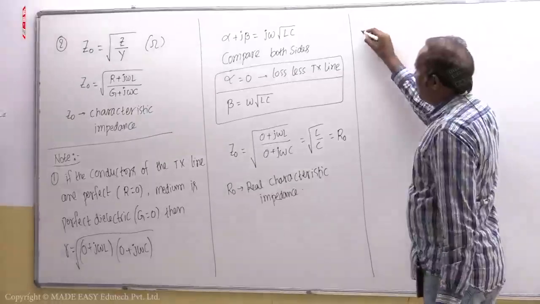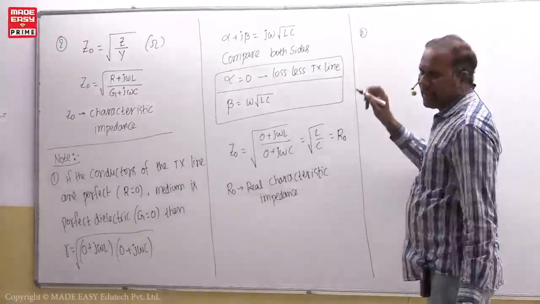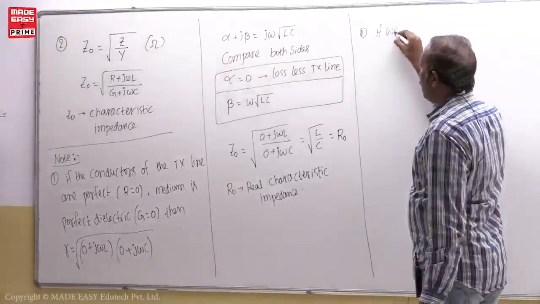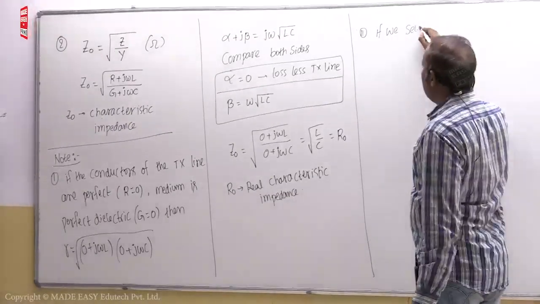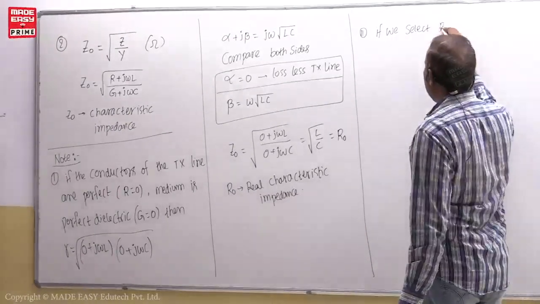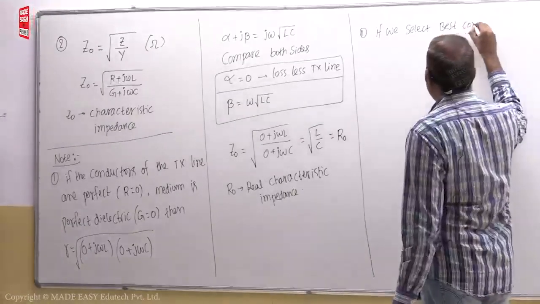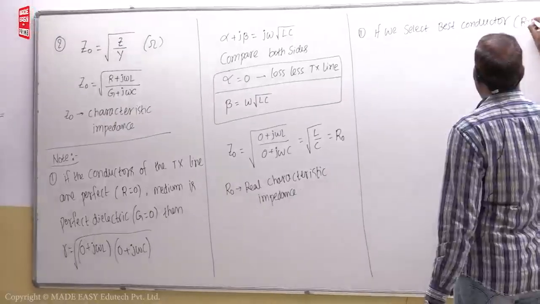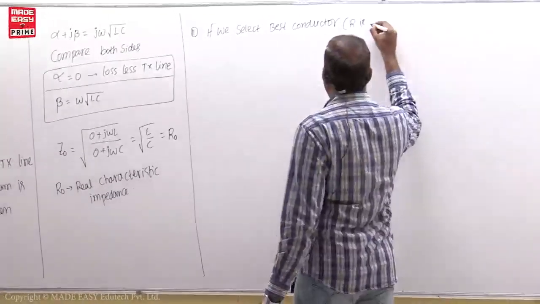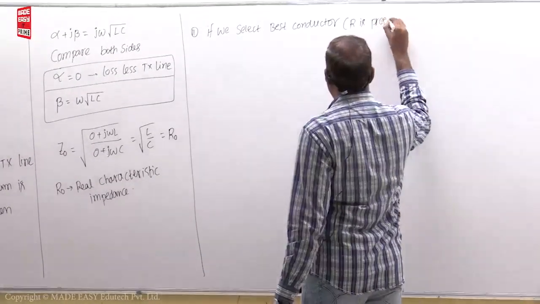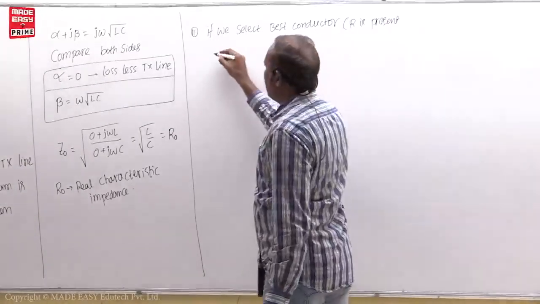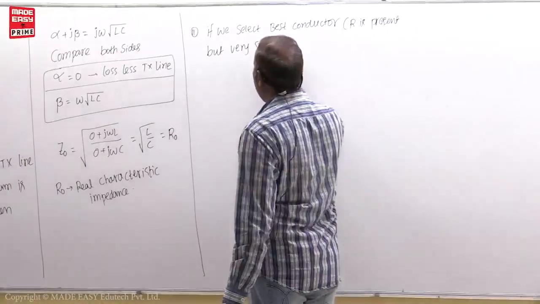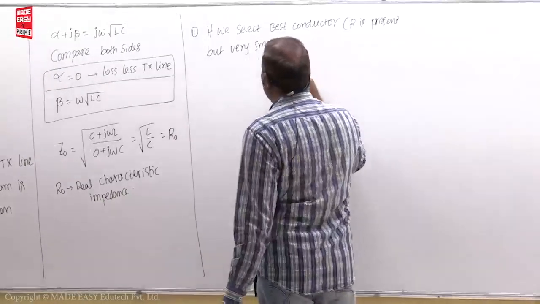Then practically, in the note, second point: if we select best conductor, then R is present but very small. I wrote already.